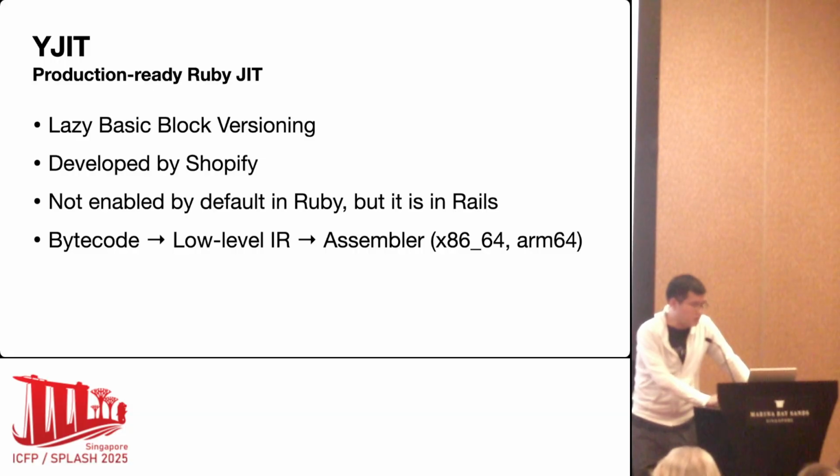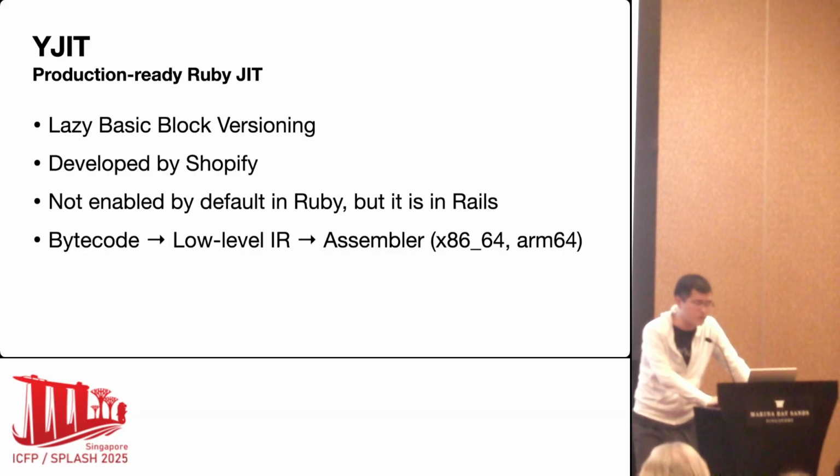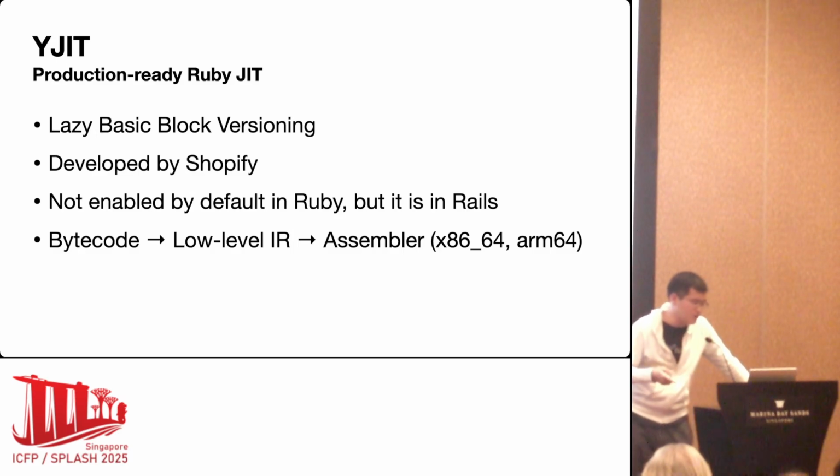As I said before, YJIT was a lazy basic block versioning-based implementation developed by us at Shopify, and not enabled by default in Ruby. But Rails, the most popular Ruby web application framework, enables YJIT by default from Rails version 7.2.